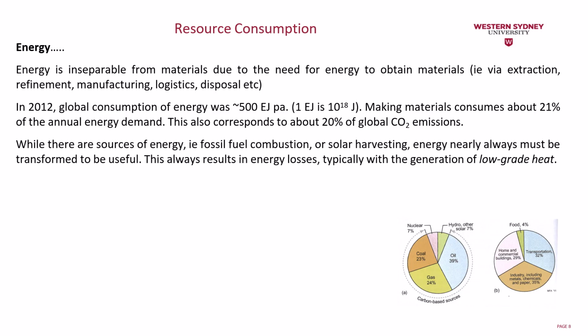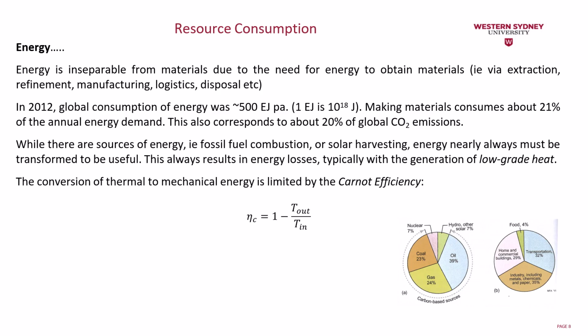While there are sources of energy, like fossil fuel combustion or solar harvesting, the energy nearly always must be transformed to be useful. And this always results in energy losses, typically with the generation of low-grade heat.